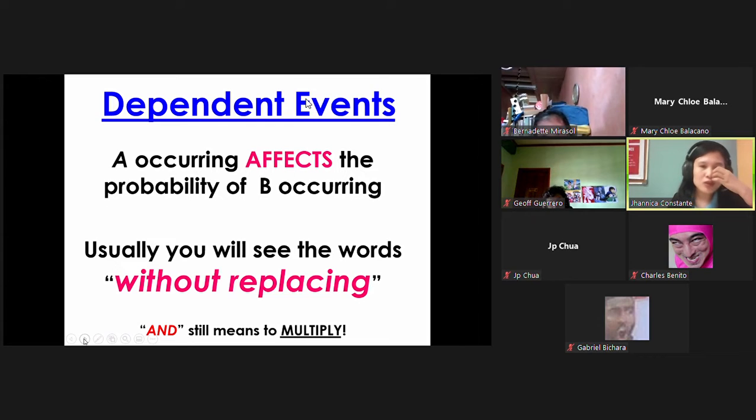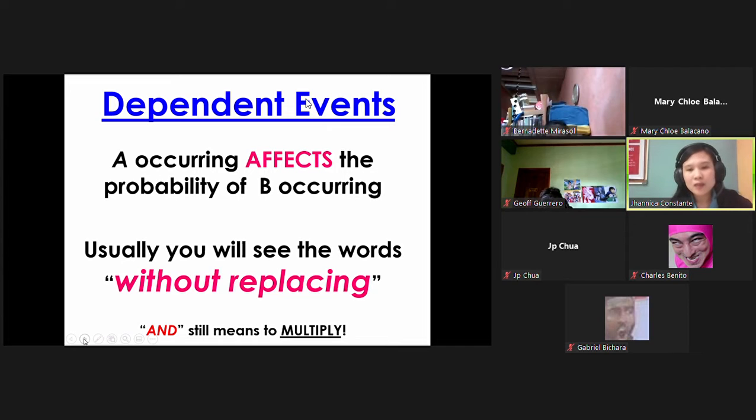When it comes to your dependent event, the probability of the first event will affect the probability of the second event. Usually, you will see the words "without replacing" in the word problems for you to identify that the problem is a dependent event. Kapag merong without replacing sa word problem, that means you need to use the formula for the dependent event.